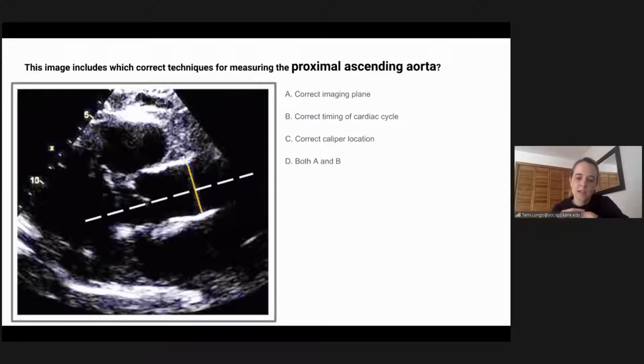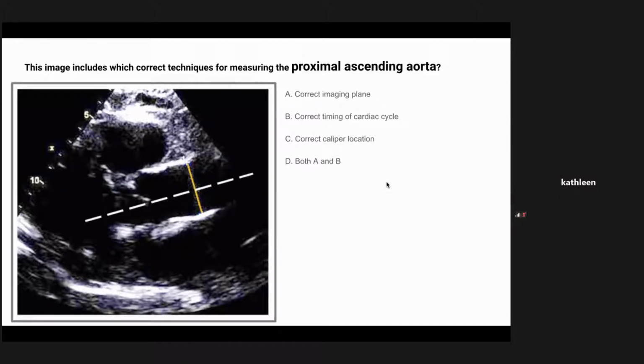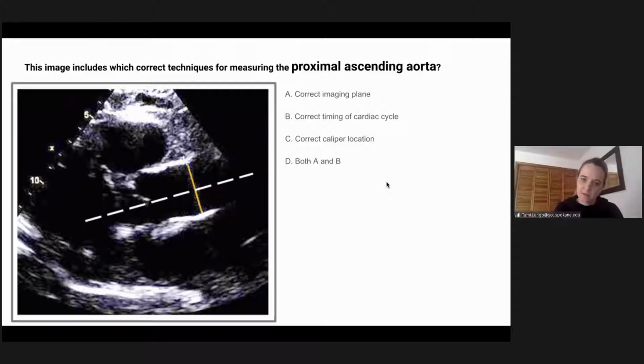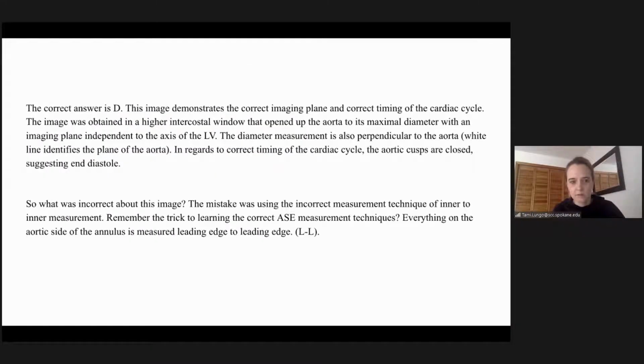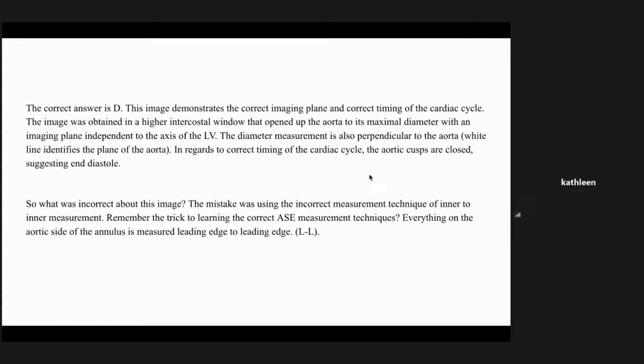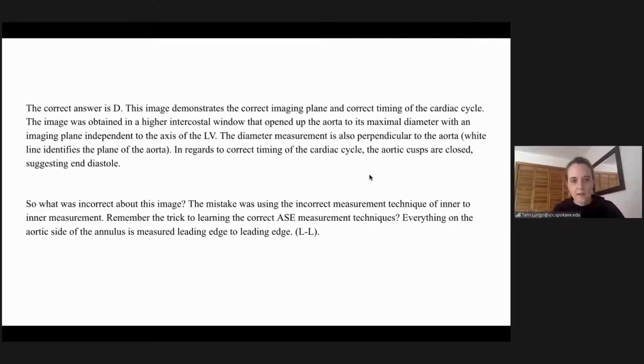But if you're doing a scan and you measure the root and the junction and the ascending, and 4 inches away from there, which you're not asked to measure, you see something bulging, I would definitely say measure it and bring it to the doctor's attention. You won't get in trouble for it. You will if you miss it. So does that answer your question? Kind of. My question was about end diastole, leading edge to leading edge.